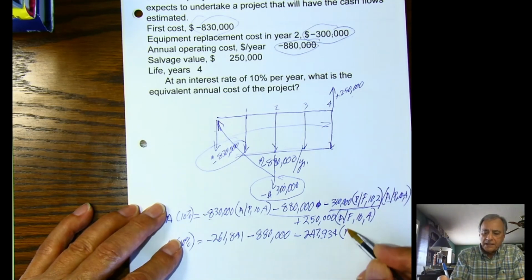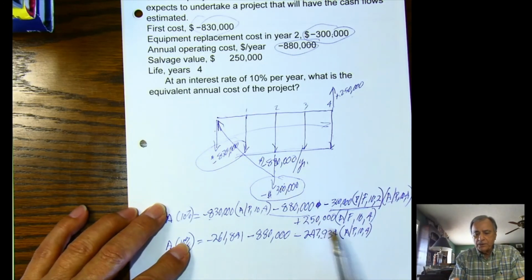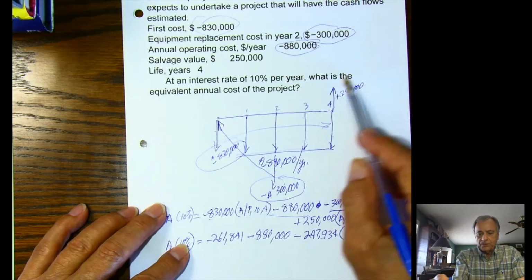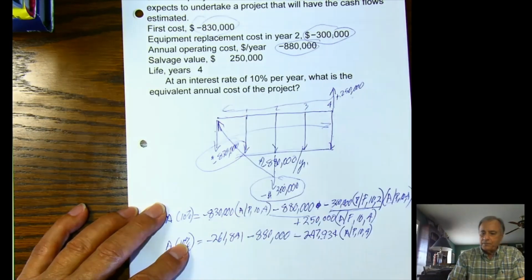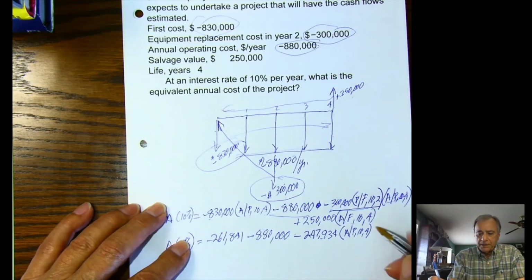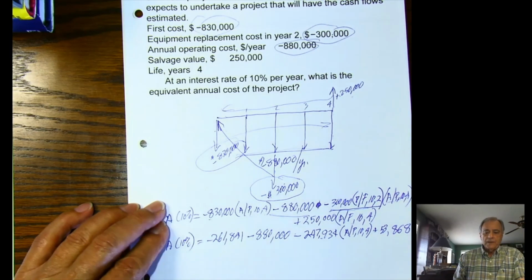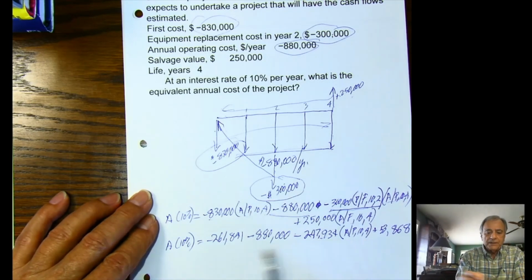So that's A given P, 10 and 4, and then this multiplication, the plus 250 times A given F, is to spread this 250 back over these years, only it'll be on the plus side, so that becomes plus $53,868. And so I have one more multiplication in here to do, and then I just add them all up.